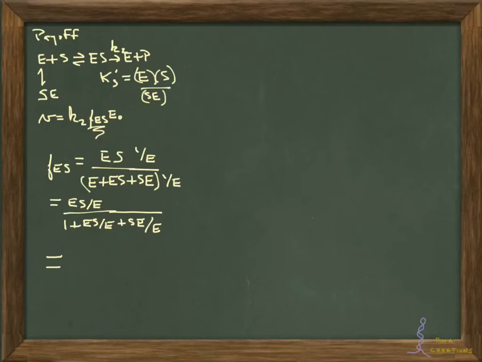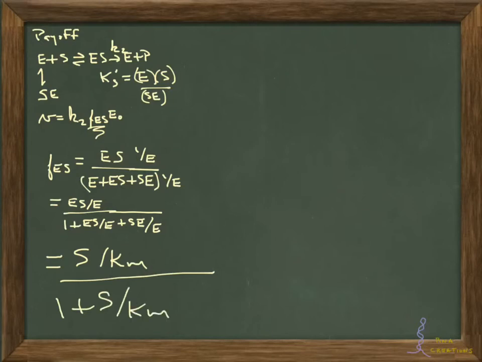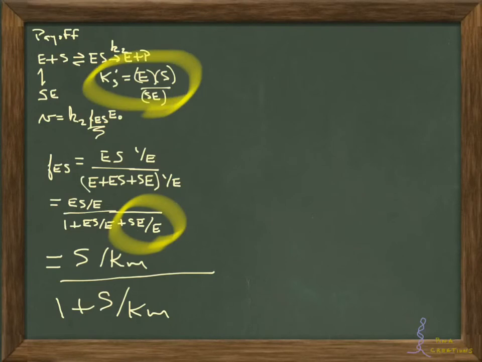And that just came from what we had on the last one. And SE over E, this guy, can come out of that. And we can see that SE over E is going to be equal to S over KS prime.